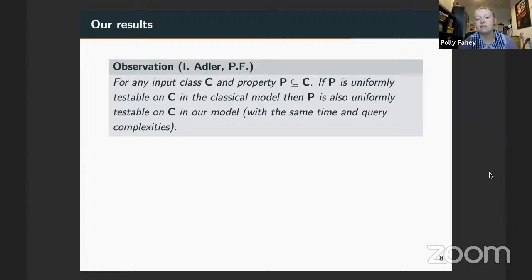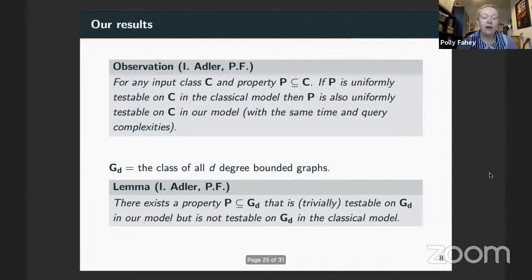Are there properties which are testable in our model, but are not testable in the classical model? And we do find such a property. We find a property on the class of all bounded degree graphs, which is testable in our model, but not testable in the classical model. I won't go into details about this property now, but it is in the YouTube talk.